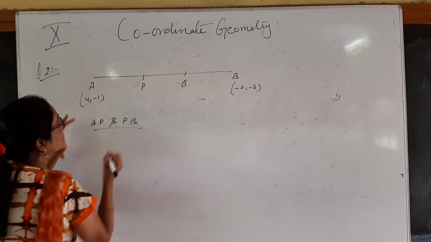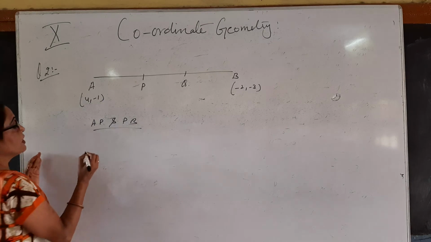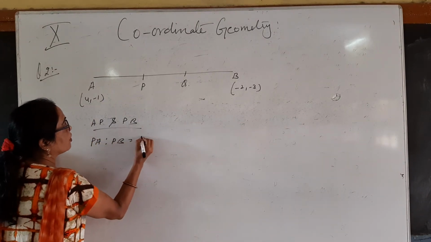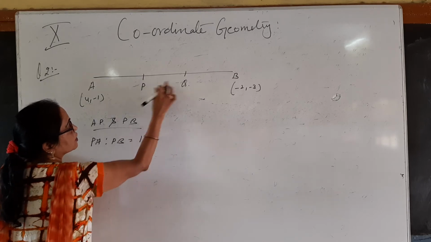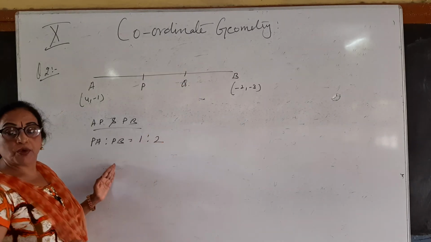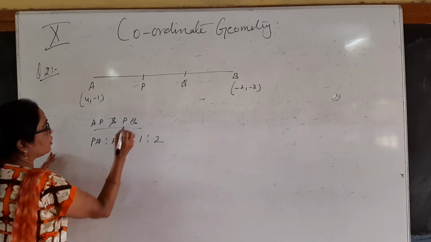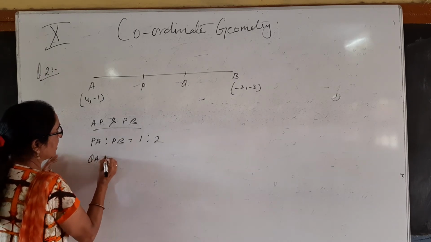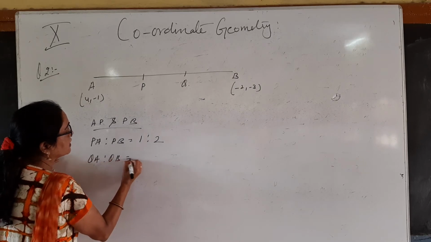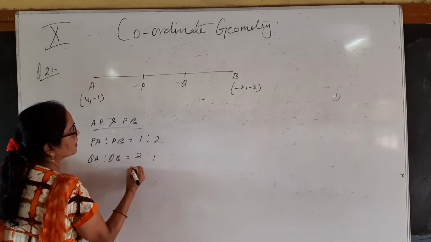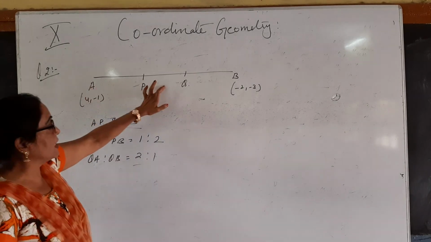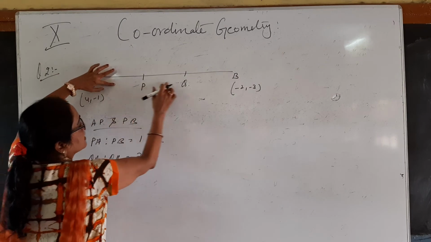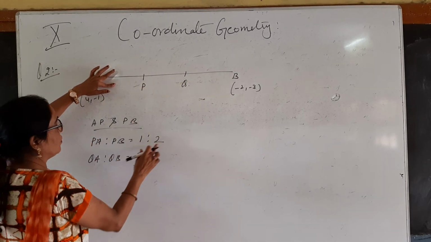PA is to PB will be in the ratio 1 is to 2. Next, QA is to QB is in the ratio of 2 is to 1. First this AP will be 1 part and this will be 2 parts. So it is 1 is to 2 and 2 is to 1.